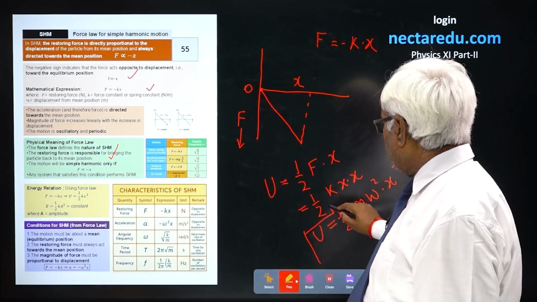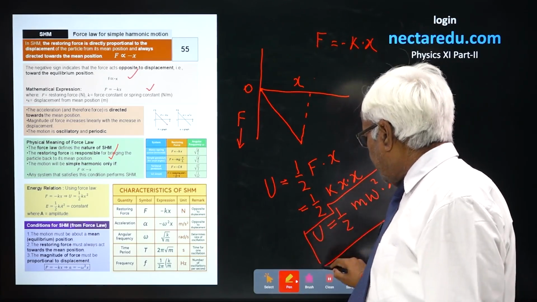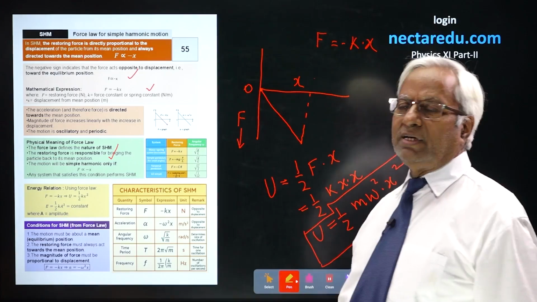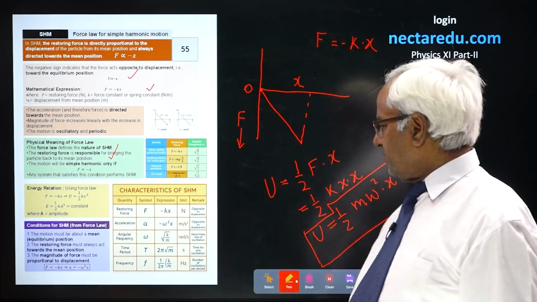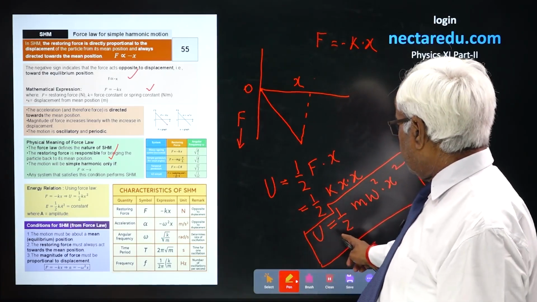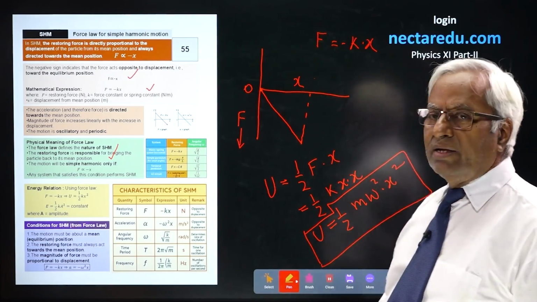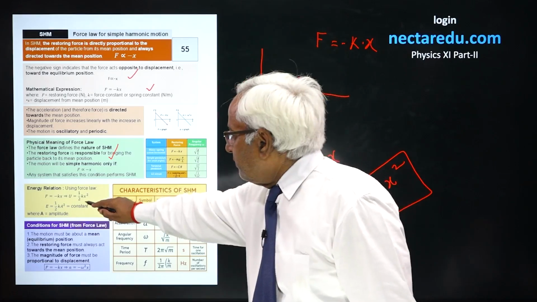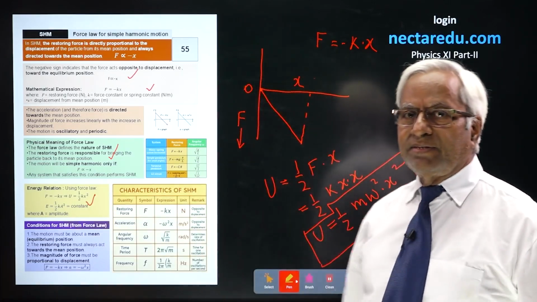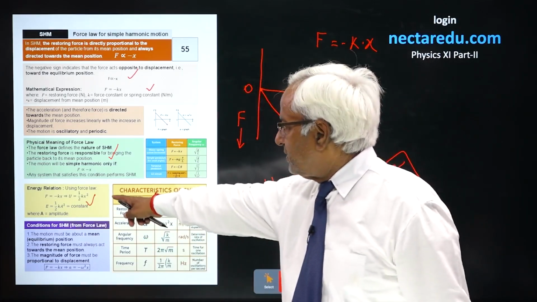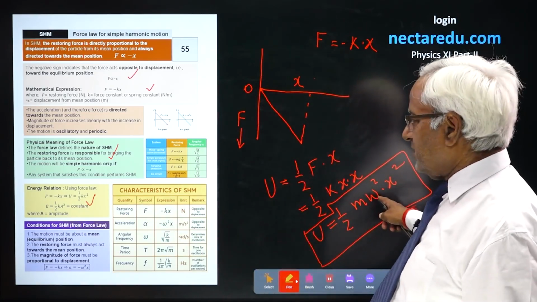So, one very important formula you derive here for the potential energy of the oscillator is half m omega square x square. Don't be confused with the relation half kx square, because k is representing here m omega square itself.